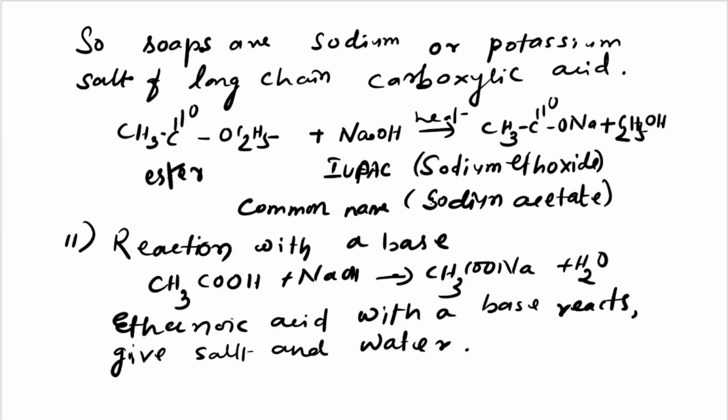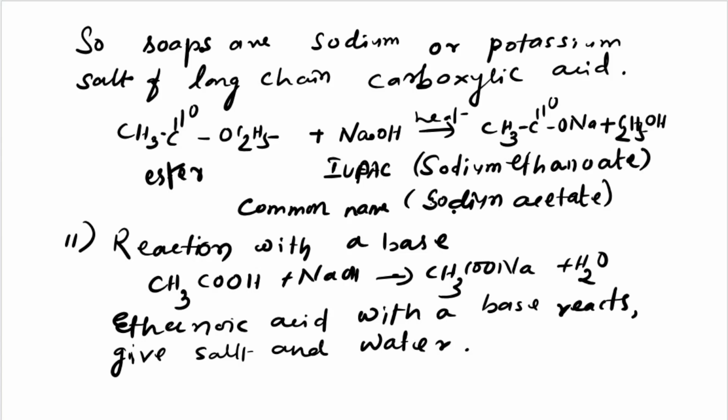Because here the acid part is there, and another is sodium. And which acid? This is acetic acid by common name, and by IUPAC name, what acid? Ethanoic acid. So the name is sodium ethanoate.